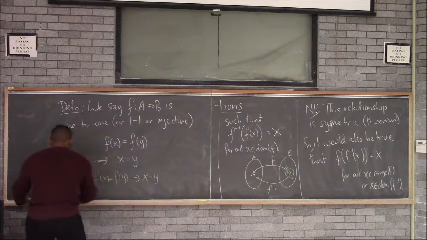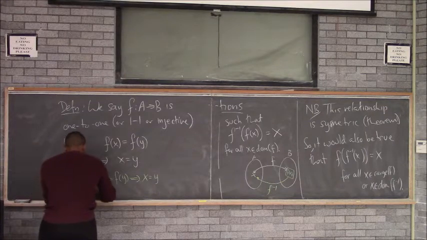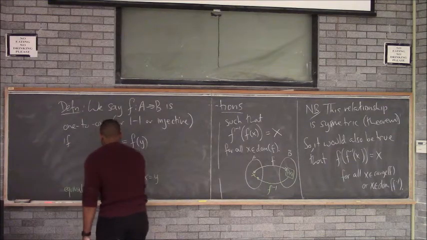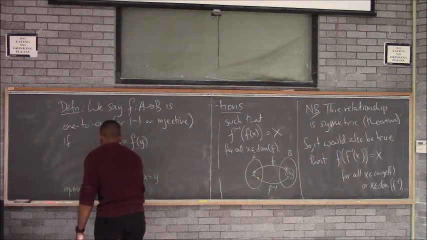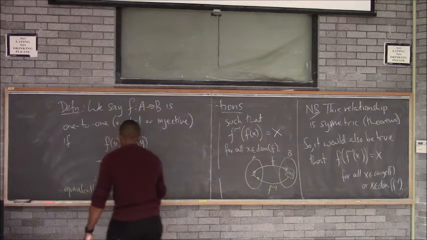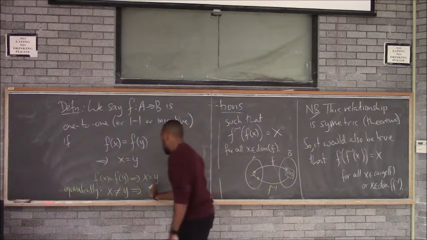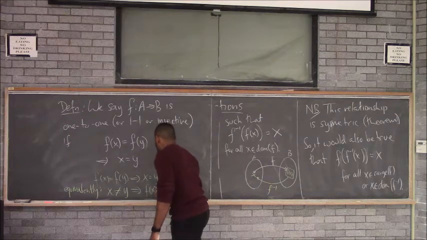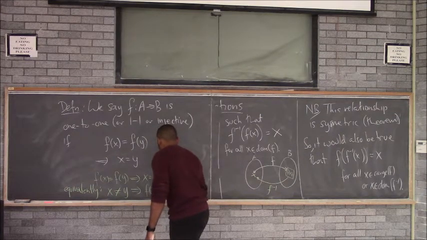Equivalently, if x is not equal to y, so if you have different inputs, they will have different outputs. Your f of x is not going to be f of y.